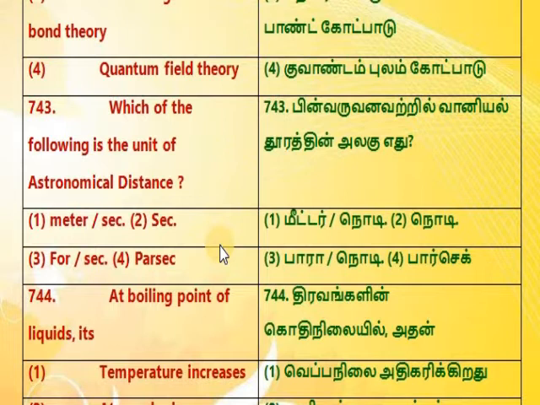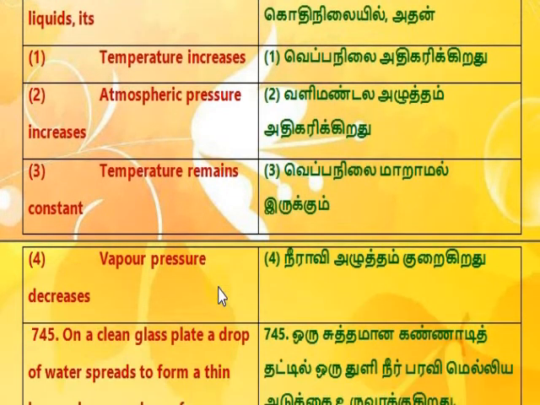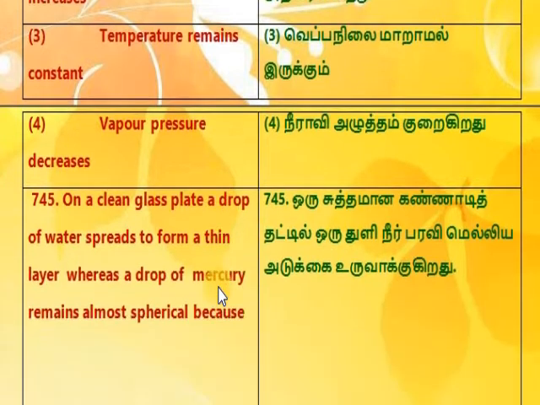Seconds, 3. Km/second, 4. Parsec. 744. At boiling point of liquids, its 1. Temperature increases, 2. Atmospheric pressure increases, 3. Temperature remains constant, 4. Vapor pressure decreases.